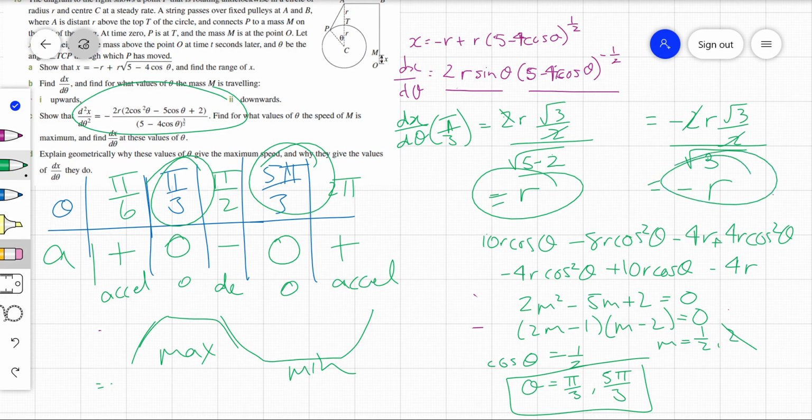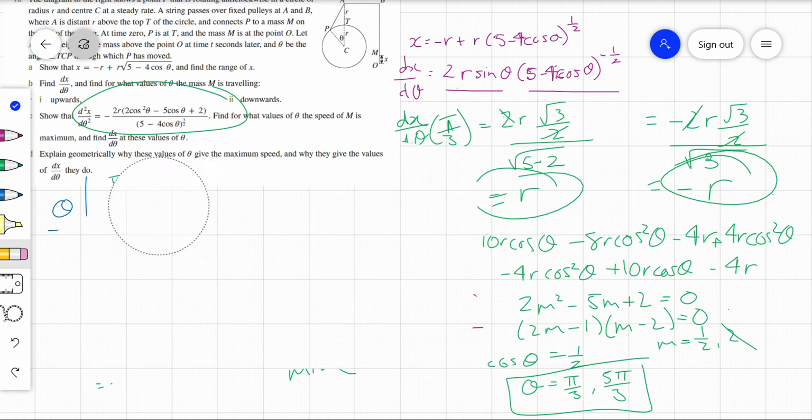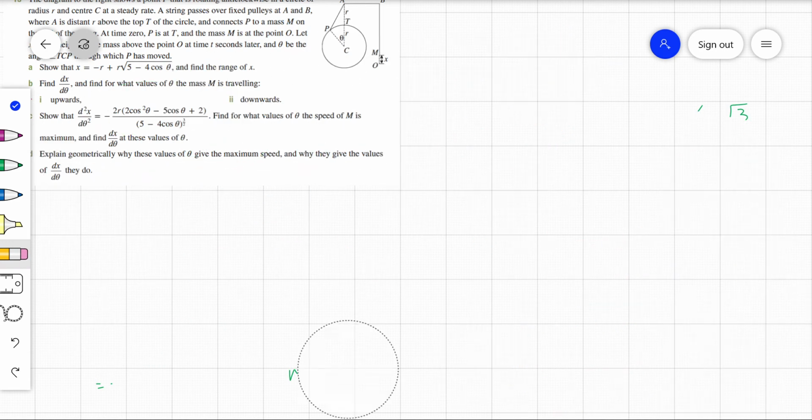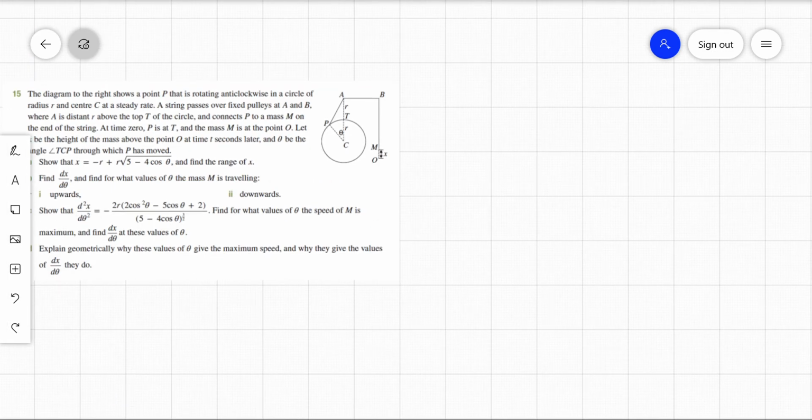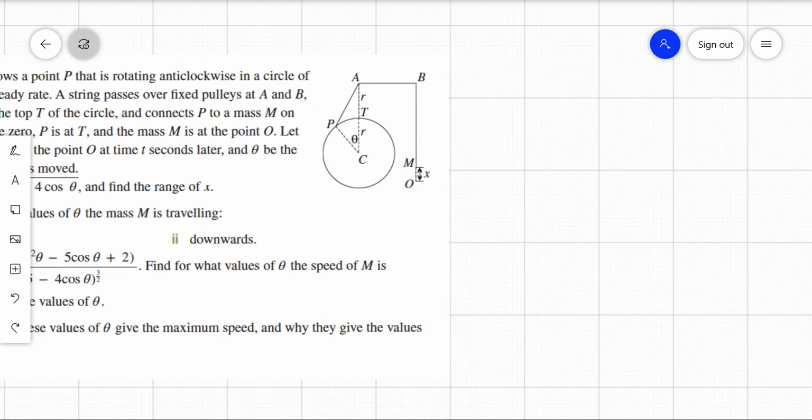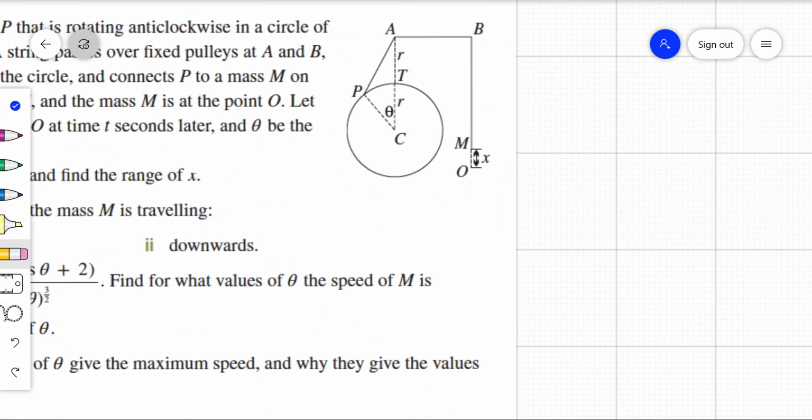So you can imagine from this picture here, if I just pull this picture down a bit, actually I'll make it a bit bigger, there we go. So when this is a tangent, so it's at 90 degrees here, this angle will be when we're getting our maximum speed, which is pi on 3.